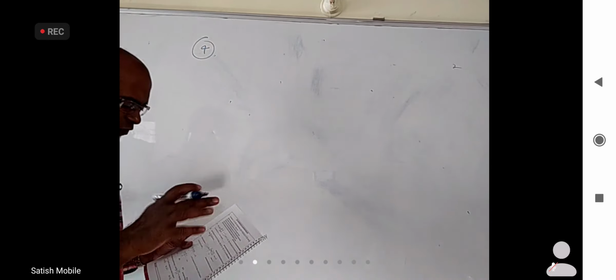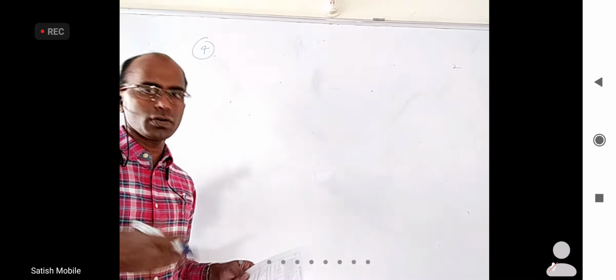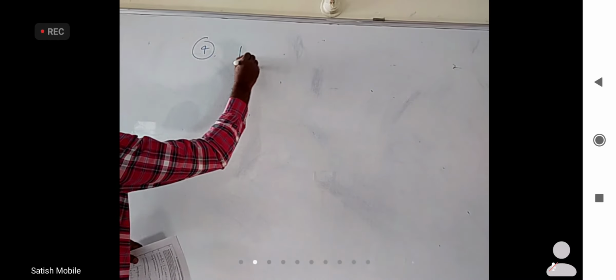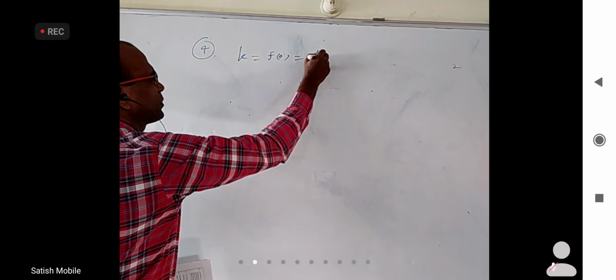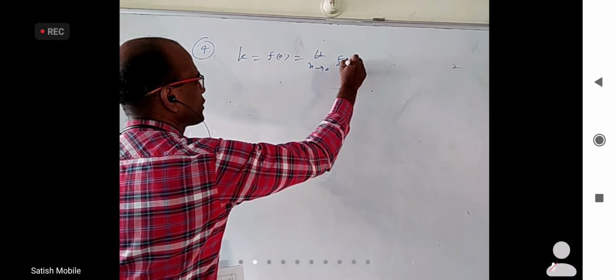Okay. Next, fourth question here. The fourth function is easy. They gave a function before 0 and after 0, and at 0 it is something else. So k, which is f of 0 here, should be the same as the limit as x tends to 0 of f of x.